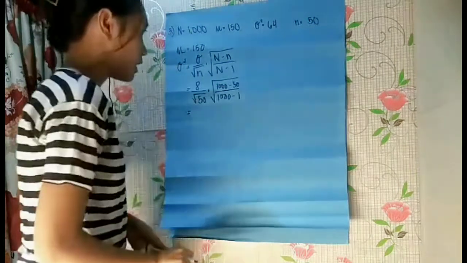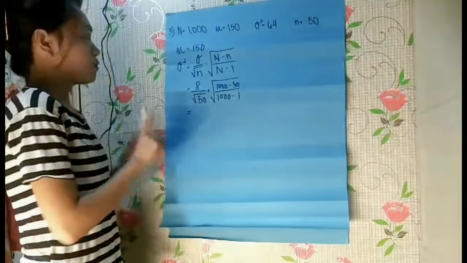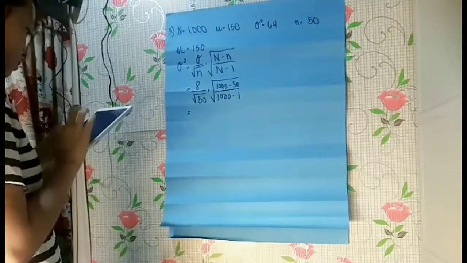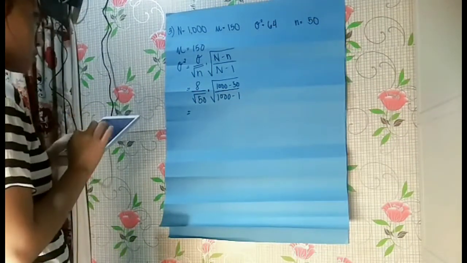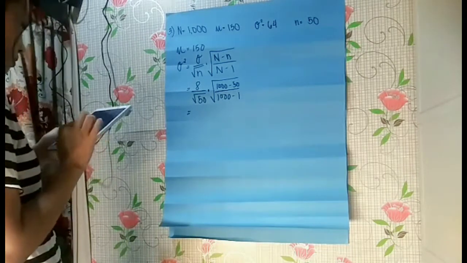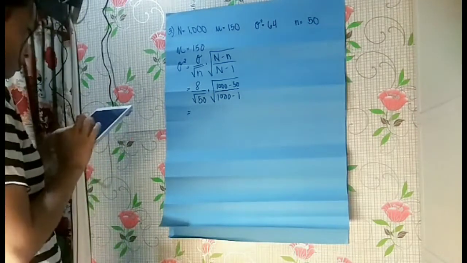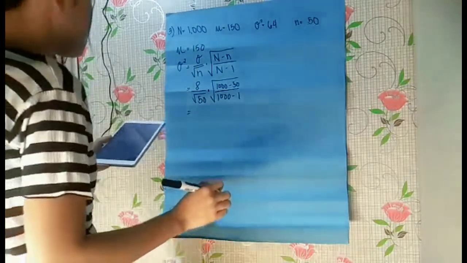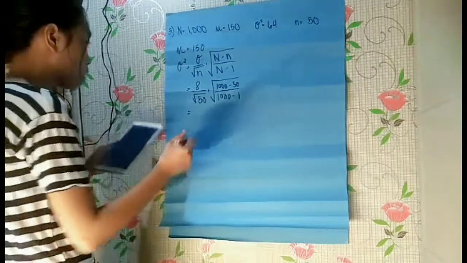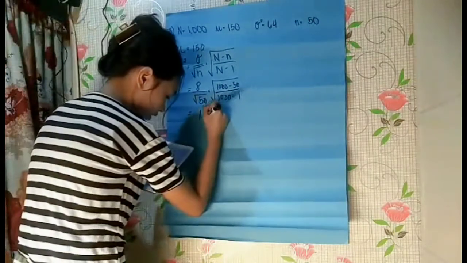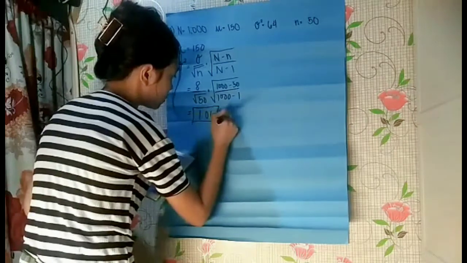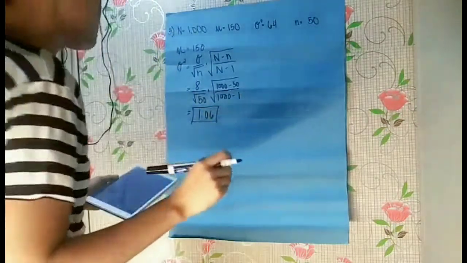Let's get our calculator to solve for the variance. Therefore, our variance is equal to 1.06, rounded, since we all know how to round off.